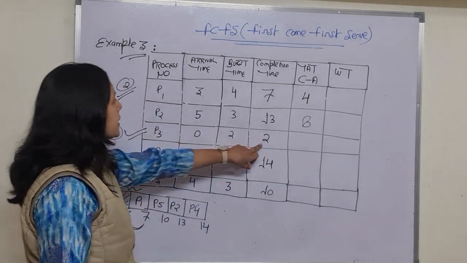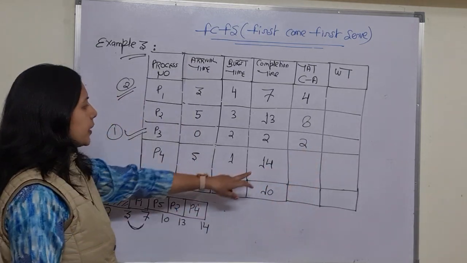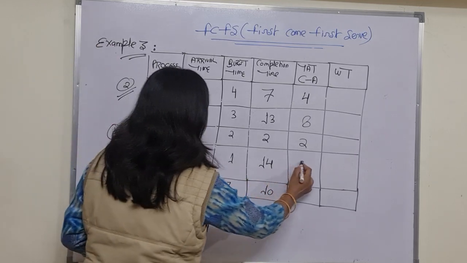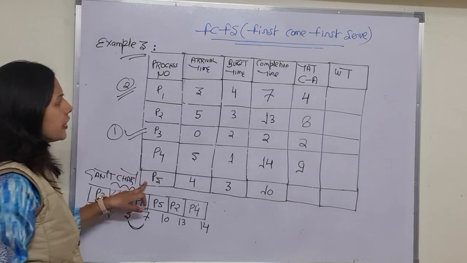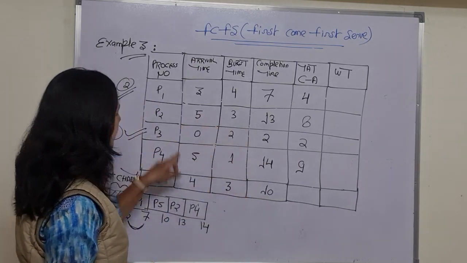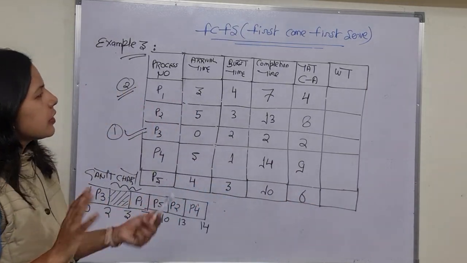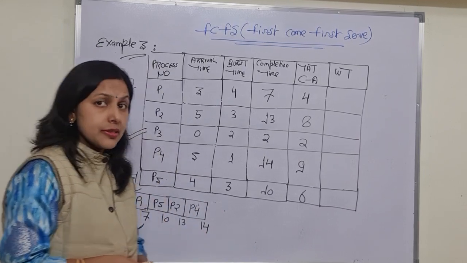The next one is 2 minus 0, so it would be 2. Then 14 minus 5, so it would be 9. Then the next one is P5, 10 minus 4, that means 6. So this is how we find the turnaround time for different processes.